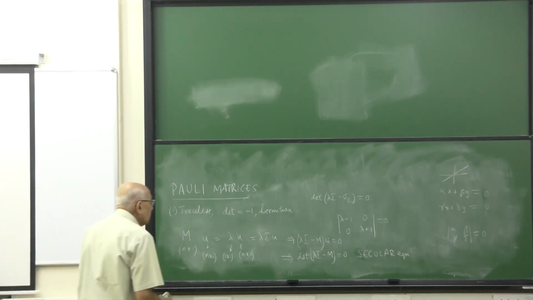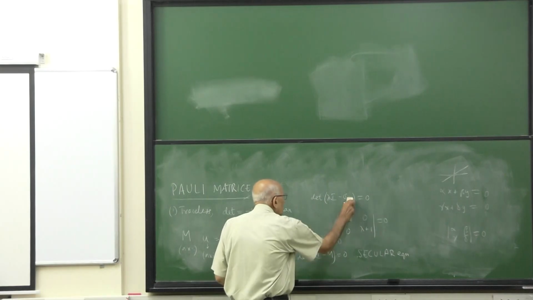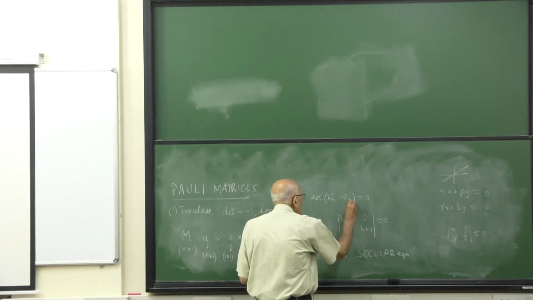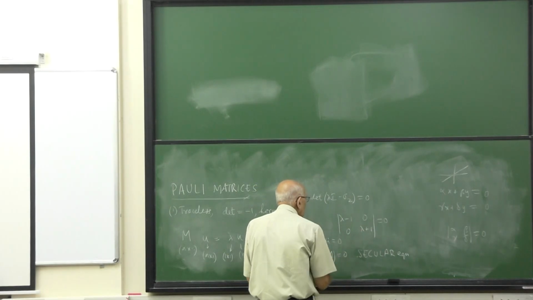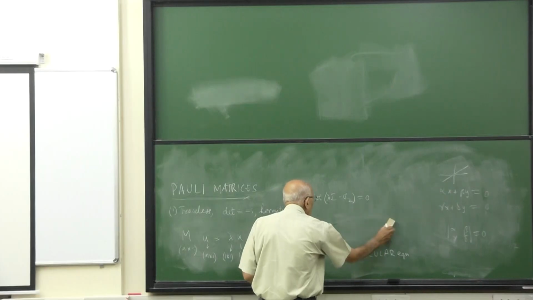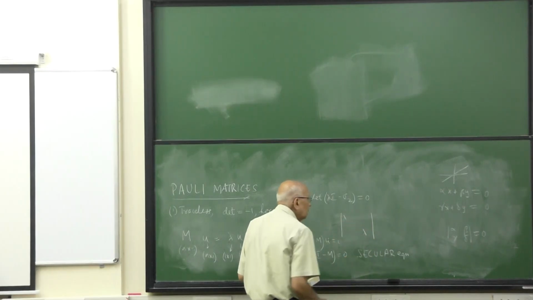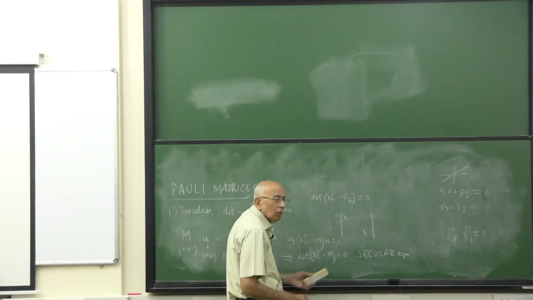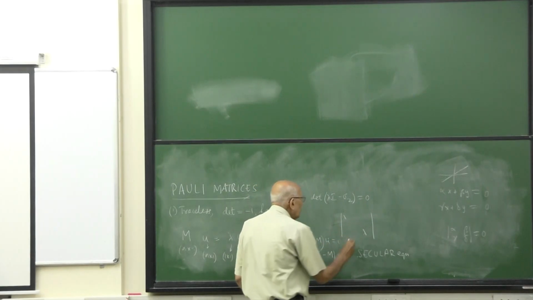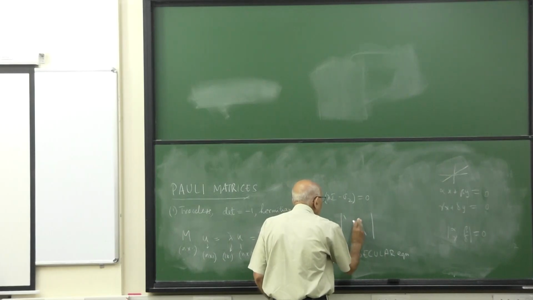What happens if I put sigma 2? Lambda here, lambda here. What do I get here and what do I get here? You get i.